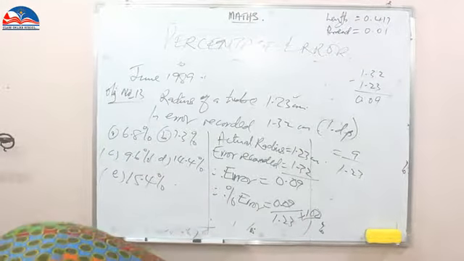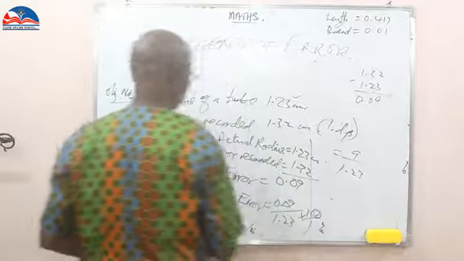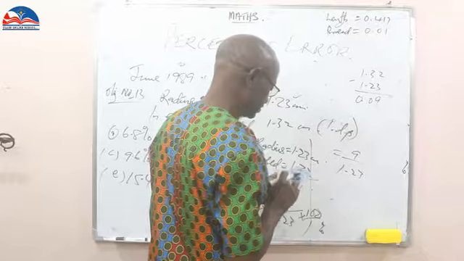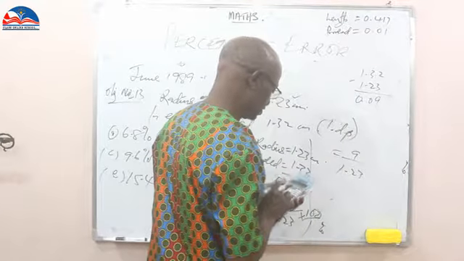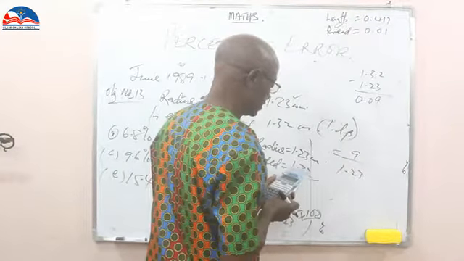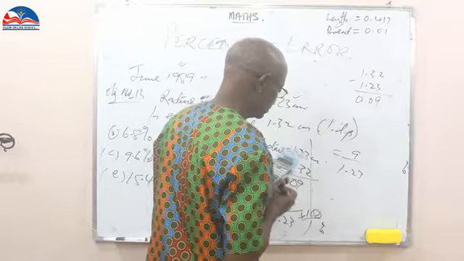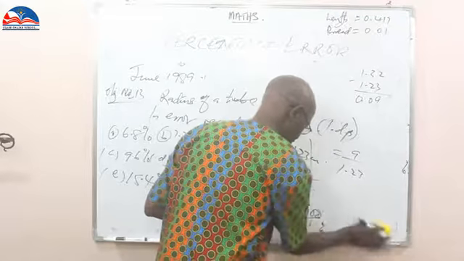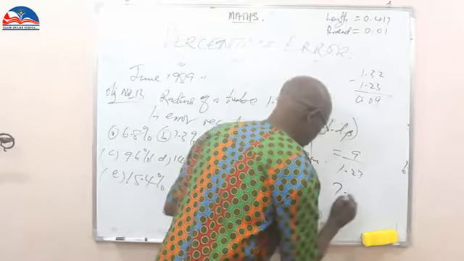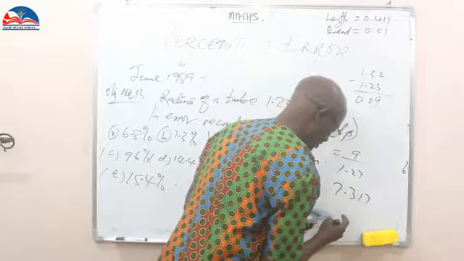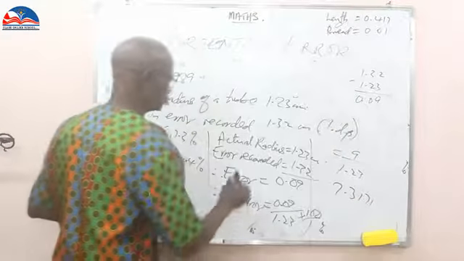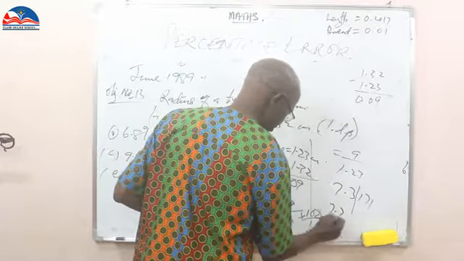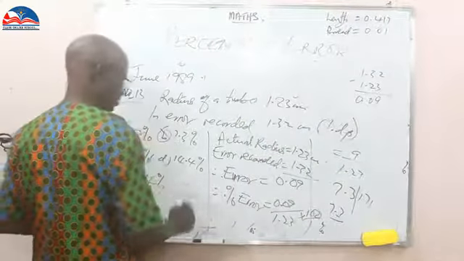And it says leave your answer correct to 1 decimal place. 9 divided by 1.23 equals 7.317. Correct to 1 decimal place, that is 7.3. So that's B.